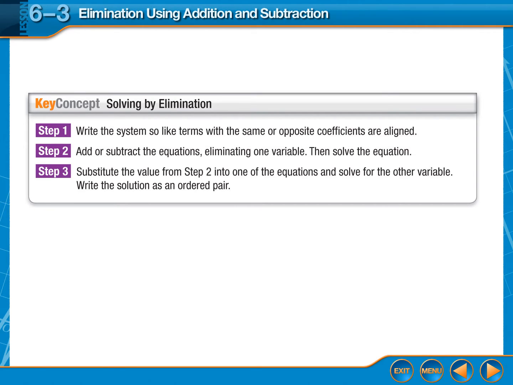Once we've got them lined up, we either add or subtract based on the coefficients, which will eliminate one of the variables, and then we solve that equation for the remaining variable. Once we have that variable solved, we substitute that value back into one of the original equations and solve for the other variable. And then, as always, we write our solution as an ordered pair for x and y.